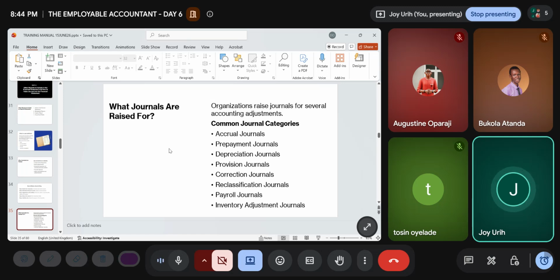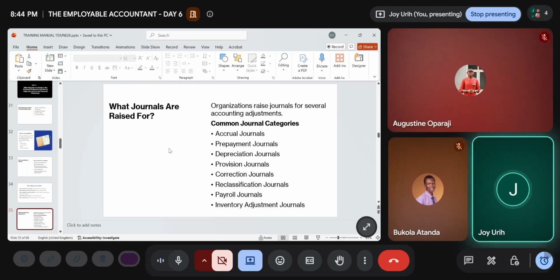When you have used a benefit for something but you have not made payment for it, that is an accrual transaction. So let's assume your company rent is due for payment, but you have not made payment for it, but you have already started enjoying the benefits. Maybe your rent has been due since April, but we are still in June, and you haven't made payment for it.